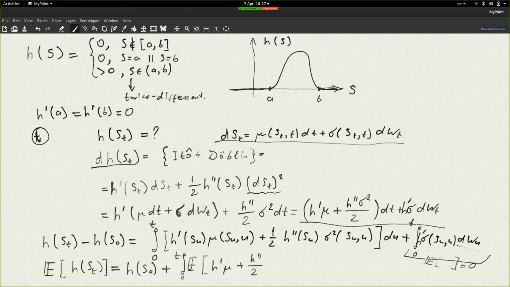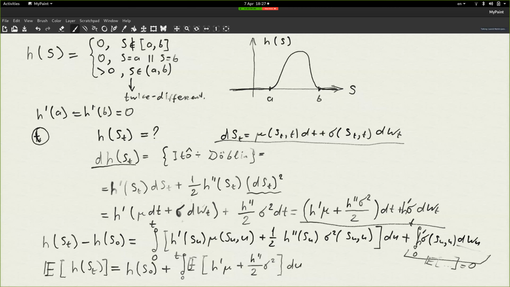So, not to worry. H prime mu plus H double prime halved sigma squared, strictly speaking, du, as we decided.